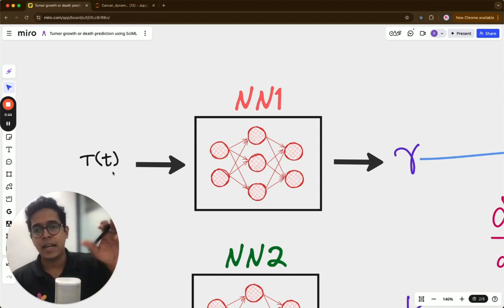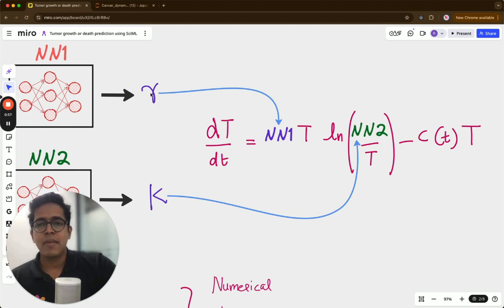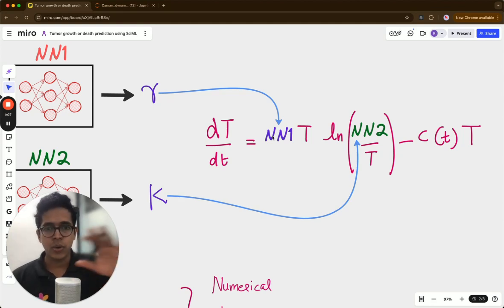If you have 10 time points, start with a random tumor size and then try to predict a value of R using the neural network. And then in the Gompertzian model, you use the predicted value of R here. So this NN1 is nothing but the output from neural network 1, used to represent the value of R. Is this the actual value of R? No, it is simply the predicted value of R.